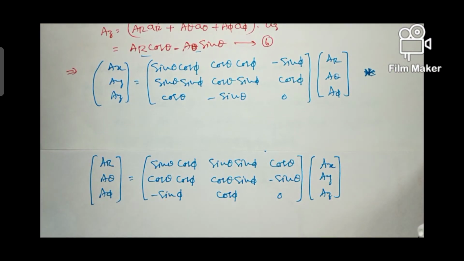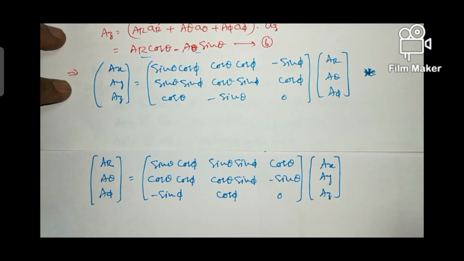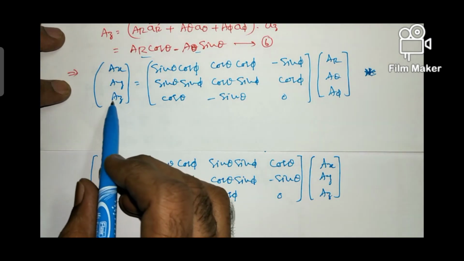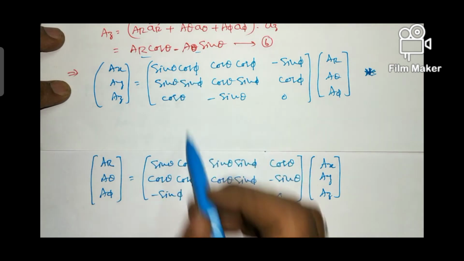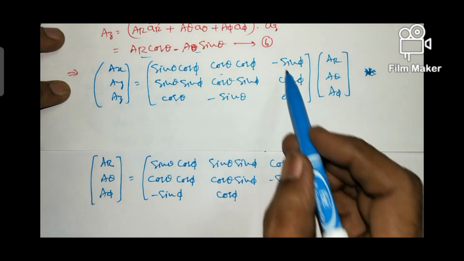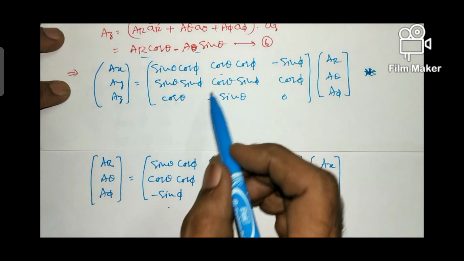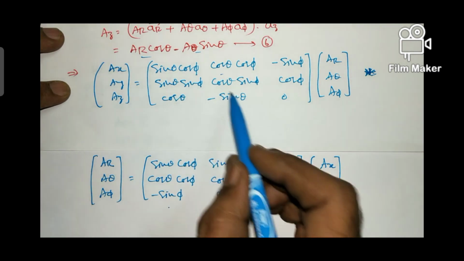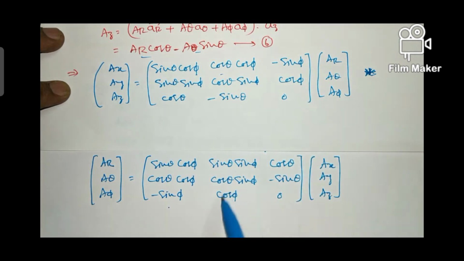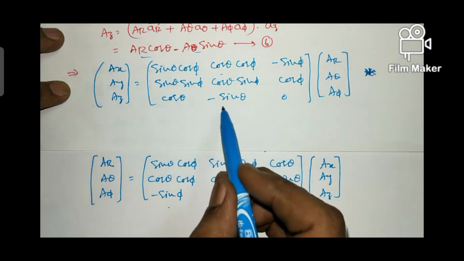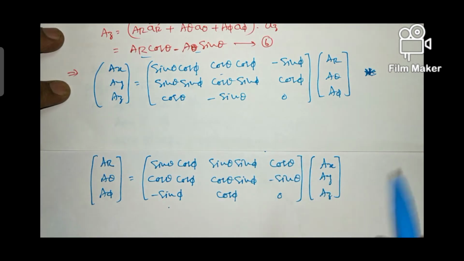If you observe carefully, the previous one, that is from spherical to rectangular, we have got a matrix, and exactly the transpose of this matrix will be equal to this one. You can see that cos phi here and here cos phi, cos theta, minus sin theta and 0.